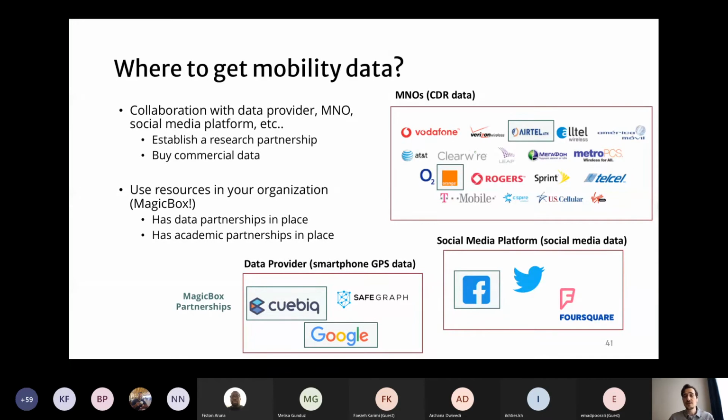I would recommend you to reach out to them and ask whether they could help you in your country or your area of interest. And also the Magic Box team has academic partnerships with researchers like me, who are always very interested in working with this data, and establishing a collaboration here can also be quite fruitful.